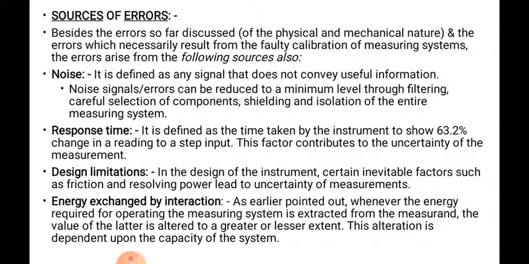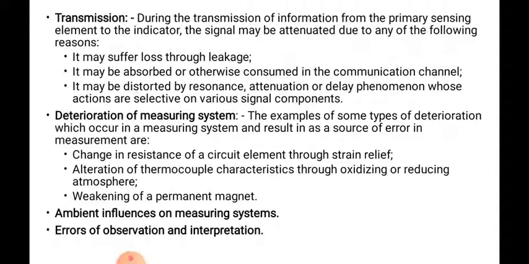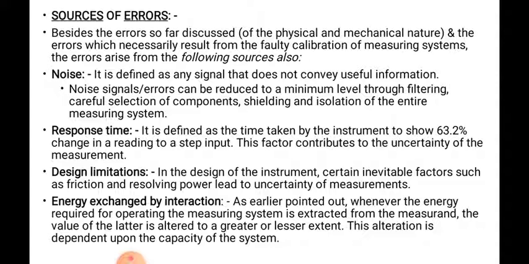Then transmission, deterioration of the measuring instrument, ambient influence on the measuring system, errors of observation and interpretation. So these are the different sources of error, which can be eliminated.